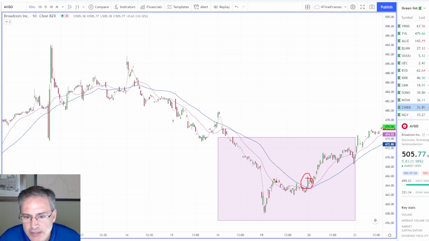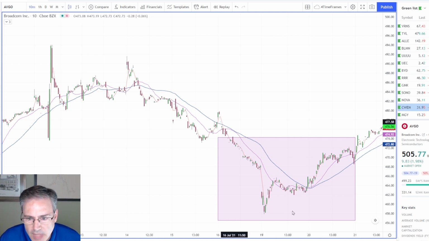The 1 is the break of the trend line, the 2 is the test of the low here, and then 3 is coming up through the moving averages, and especially with some velocity or a bar like this. So I'd probably be somewhere in the middle of that bar getting long 465, and even in 466, there's nothing wrong with that. So that's how I would be using that time frame to get in.